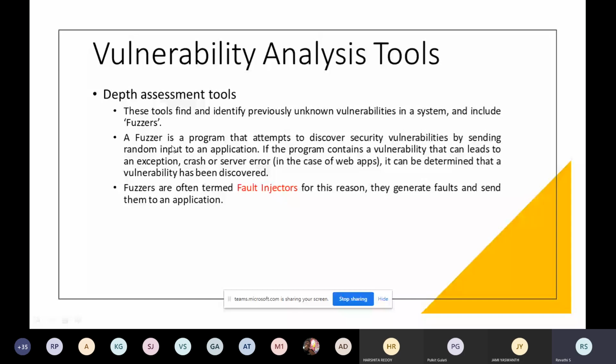This program will send random input to any application or host or anything. If that application or host contains a vulnerability, then it will lead to an exception handler. I hope you all know what an exception handler is; you would have studied it in C++.